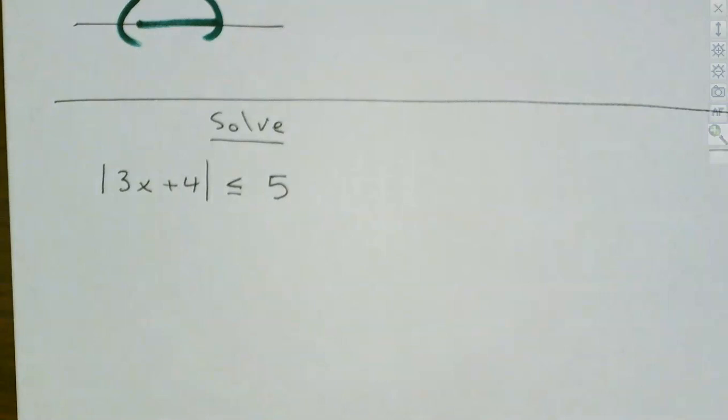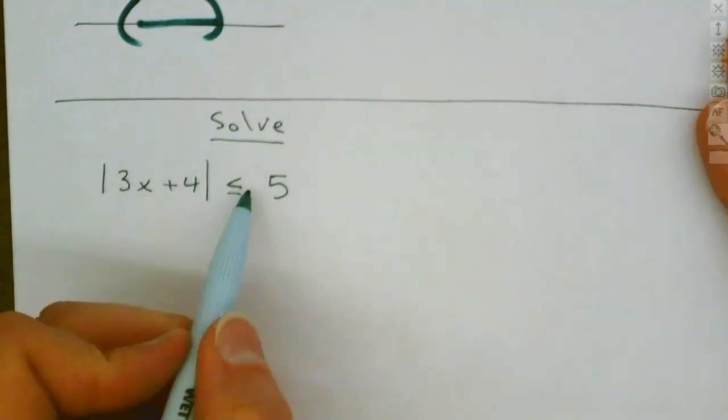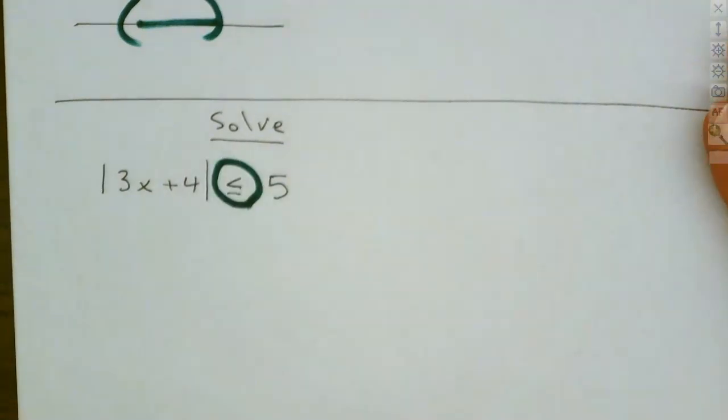Now, first thing we need to do is solve it just like it was an equal sign. So we're going to get our two numbers again, just like we did before, but they're going on a number line. And which way does this one point? Okay, look at this one. This one's going to point to the left. So we're going to be shading in the middle. Points to the left, shade back to the left.